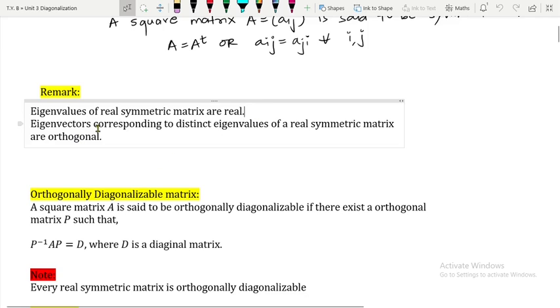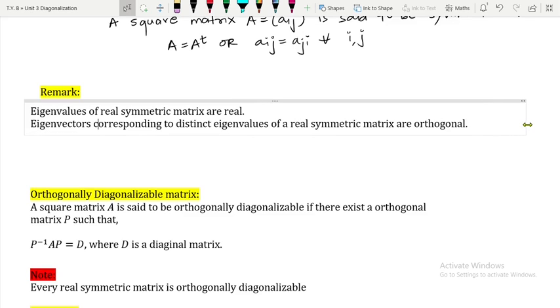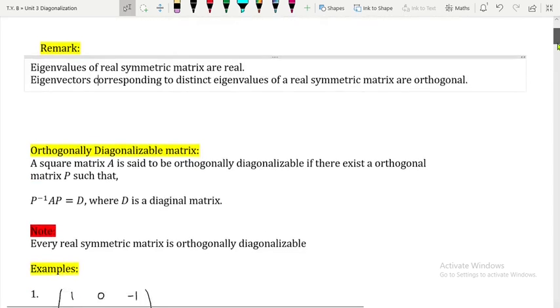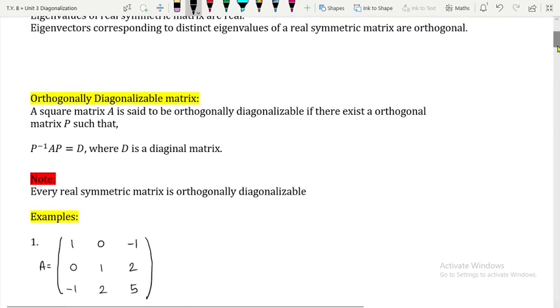The next thing is, eigenvectors corresponding to distinct eigenvalues of a real symmetric matrix are always orthogonal. Suppose you have some real symmetric matrix, and you find its eigenvalues, and suppose the eigenvalues come out to be 1, 2 and 3, then the eigenvectors will be x1, x2 and x3.